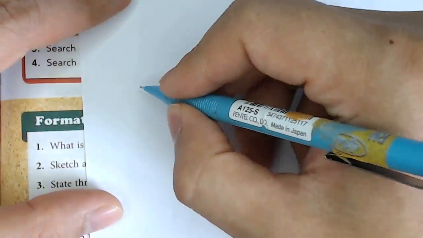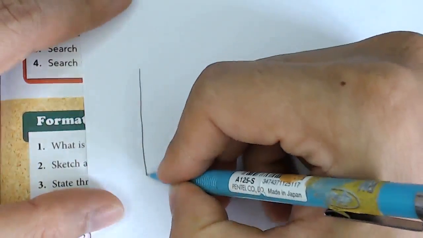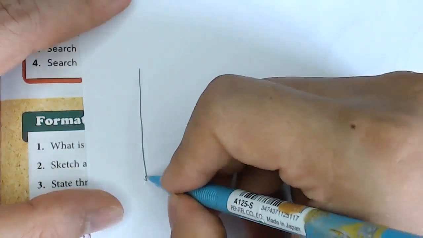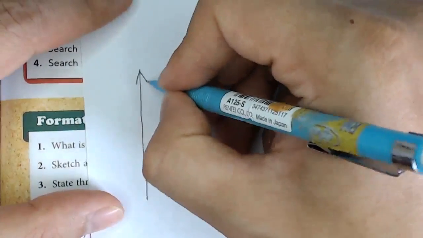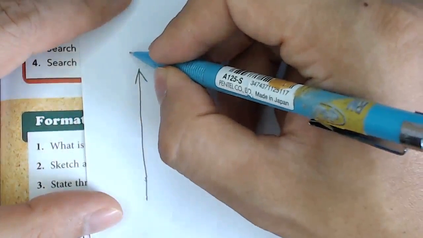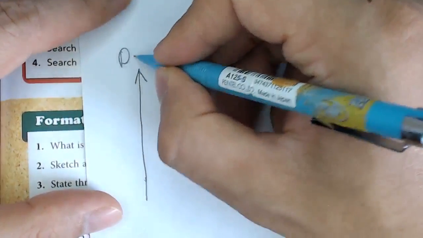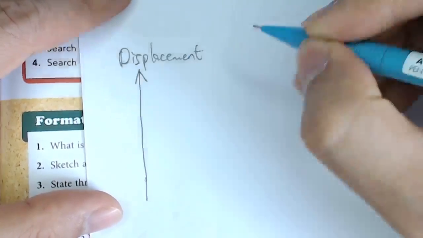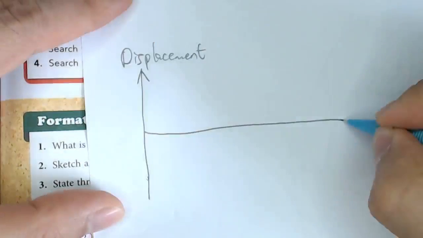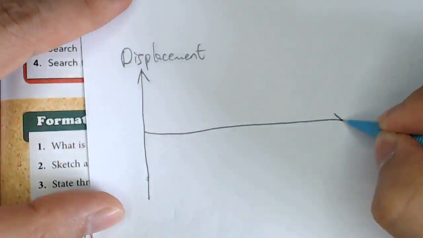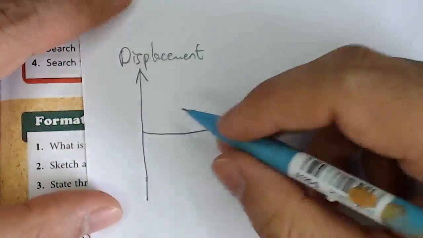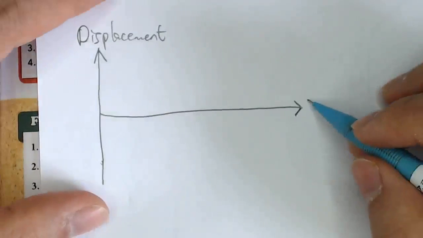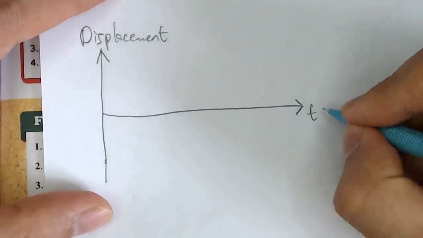Here I try to demonstrate how you're supposed to do it. You put the label displacement, and you draw the two axes, and this represents time.